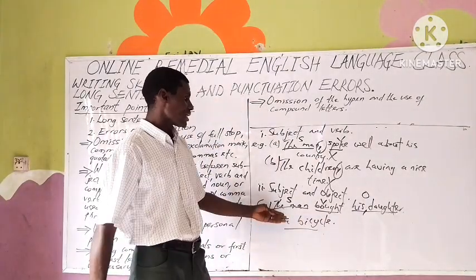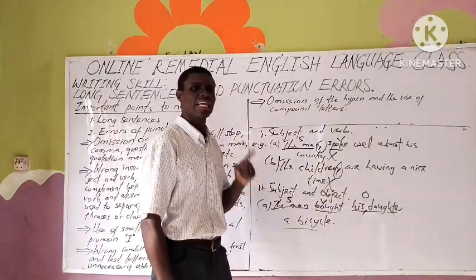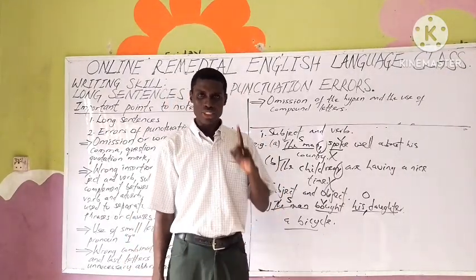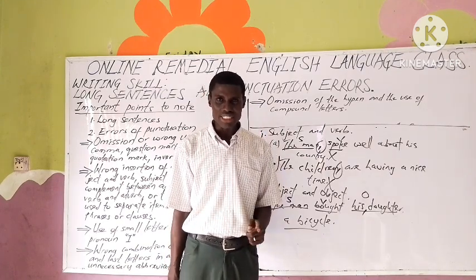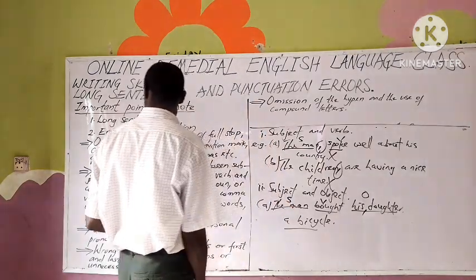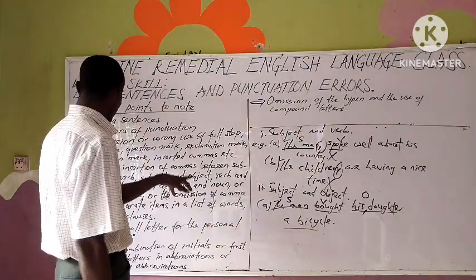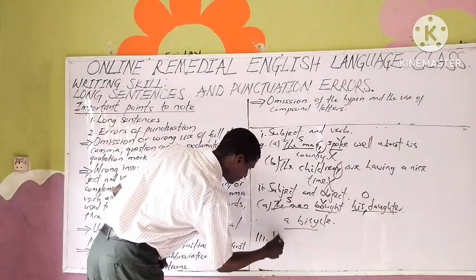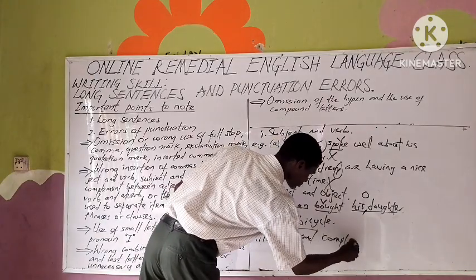You can have this. The man bought his comma. So the point is, even though it is essential that you use punctuation marks, you use commas, please endeavor to use them appropriately. We move on to the next one. Subject, object, verb, and complement. Verb and complement.